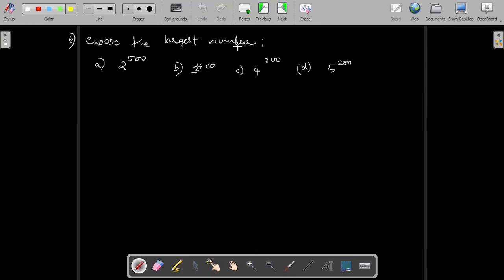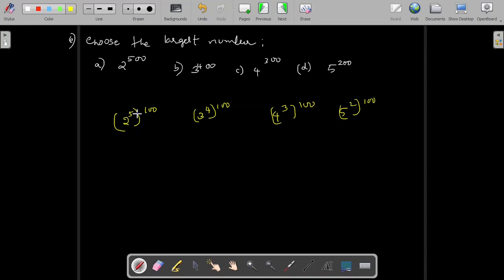Next question, choose the largest number among these numbers. So here bases are different. So instead of making bases same here, which is not possible, you can compare with the index of these bases. So here 2 to the power 500, or every index is a multiple of 100. Therefore 2 to the power 5 whole power 100, then 3 to the power 4 whole power 100, then 4 to the power 3 whole power 100 and 5 to the power 2 whole power 100.